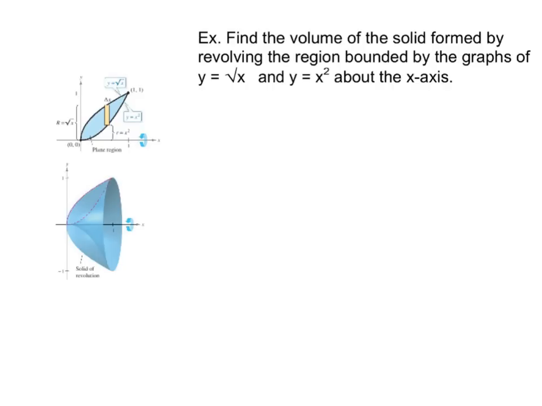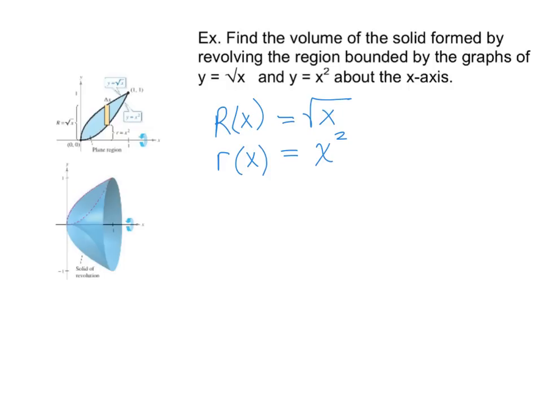We're going to write the big radius as the one that's furthest away from the x-axis, and that's going to be the equation square root of x, and then the smaller radius is going to be x squared.